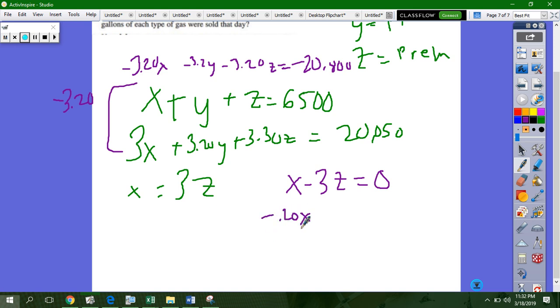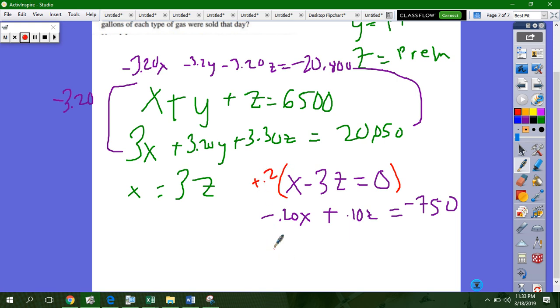When I go ahead and add this to the bottom green one, I get negative 0.20x, positive 0.10z. When I do those two together, I get negative 750. Okay, so let's go ahead and then once again I'm going to eliminate x really quick. So I'm going to times this top one by positive 0.2.